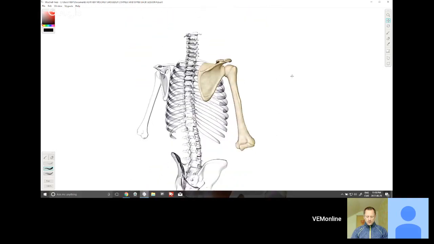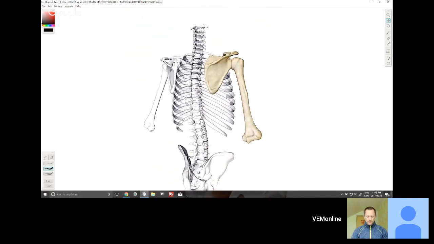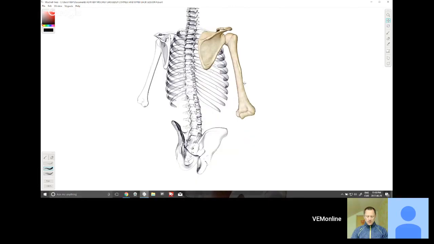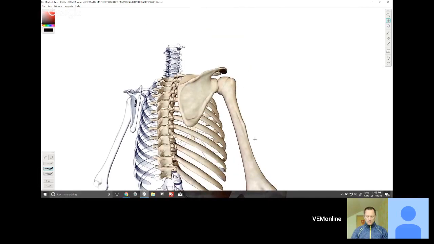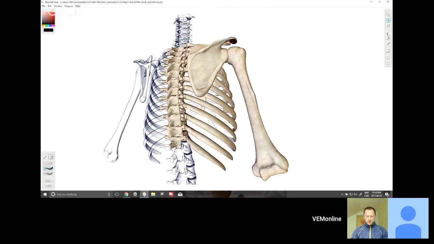Okay, this one's pretty good. All right, actually, no, this one's better right there. Okay, all right. So last time we already reviewed some of these structures. We'll go over this one more time.